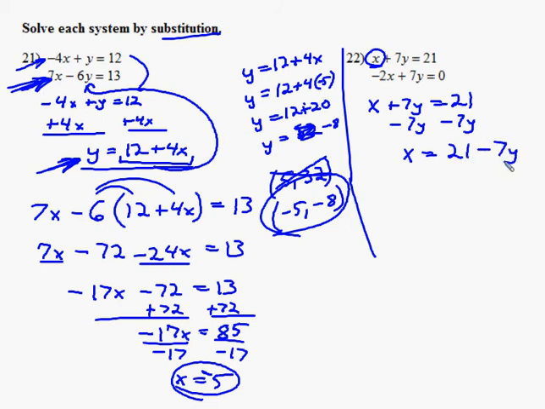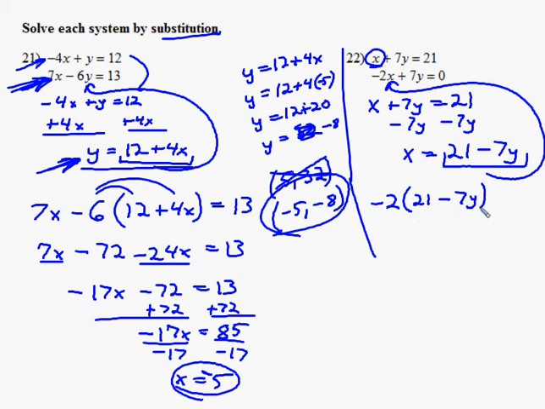And again, what we're going to do is we're going to take that and substitute it into the other equation for, in this case, we're putting in for x because we solved for x. So we can put it in for x. So negative 2 and x, but x is 21 minus 7y plus 7y equals 0. So putting it into that second equation will distribute.